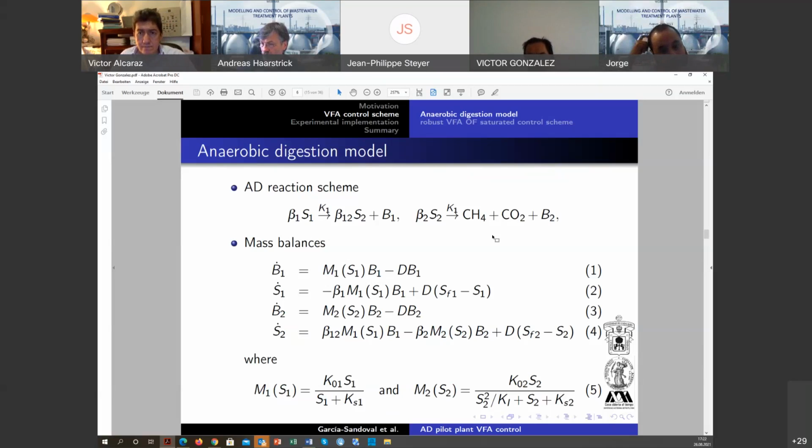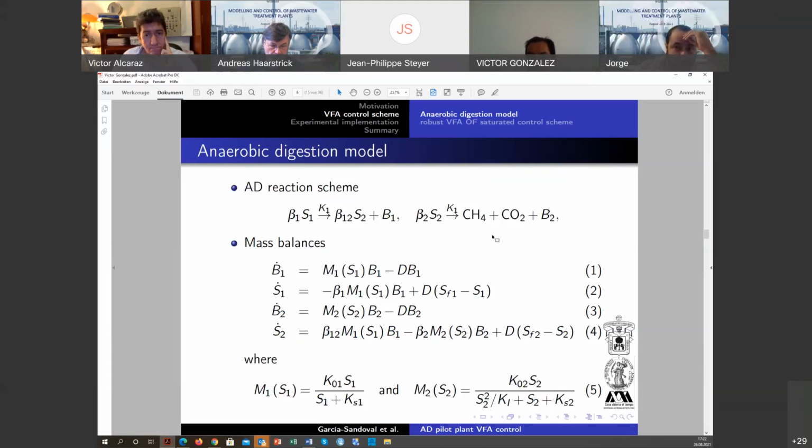We use typical kinetics. For instance, in the first biochemical reaction, we assume that the kinetics are expressed as a Monod kinetics expression, while in the second it is the Haldane, which includes a term for substrate inhibition.